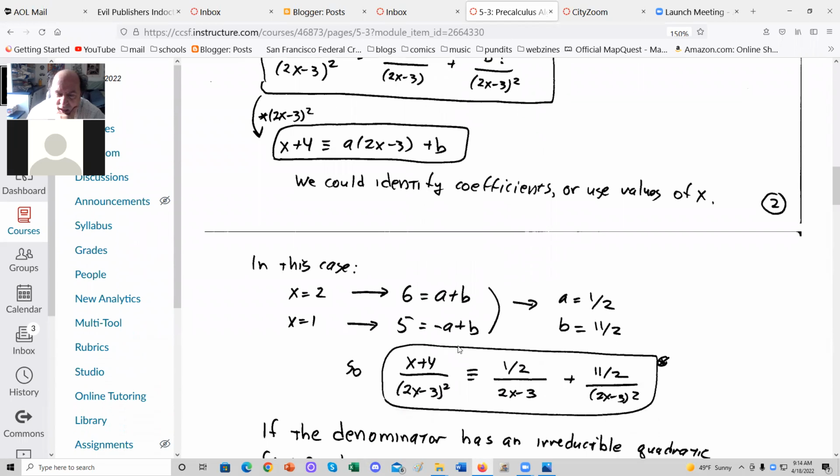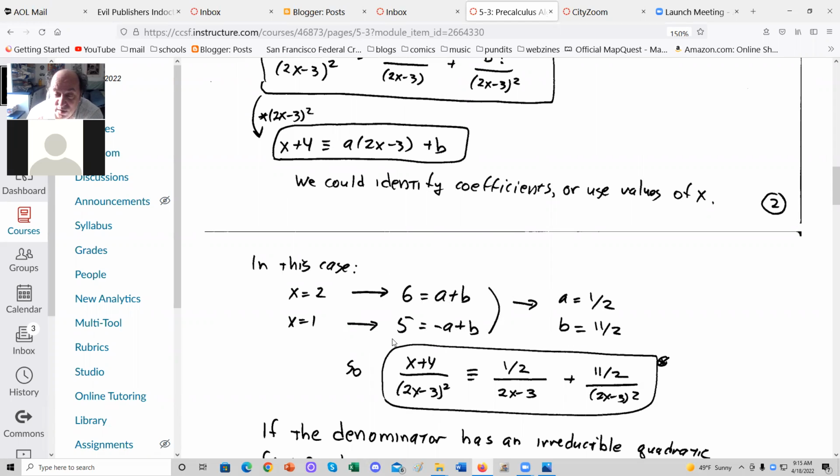If we set x equal to 2, we get 6 equals A plus B. Set x equal to 1, you get 5 equals minus A plus B.